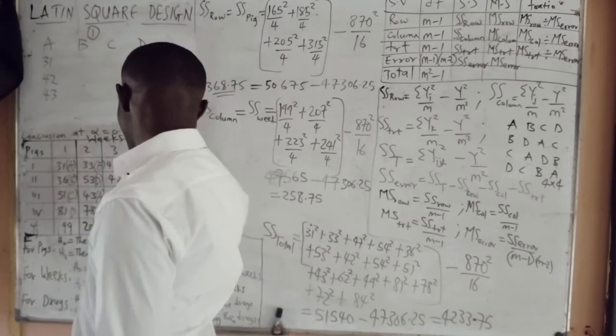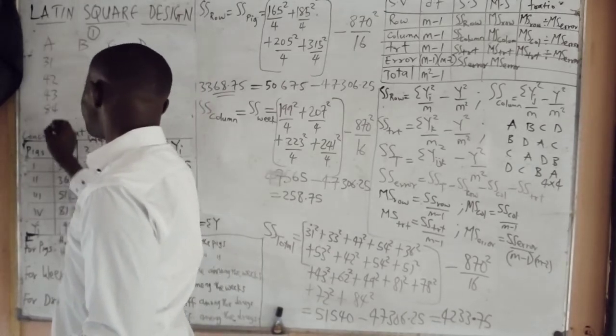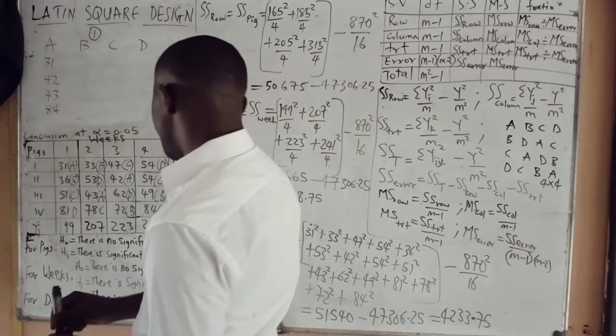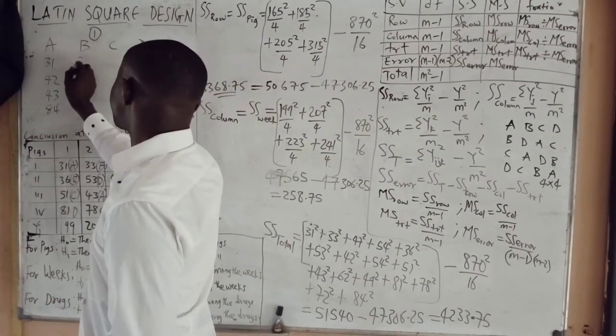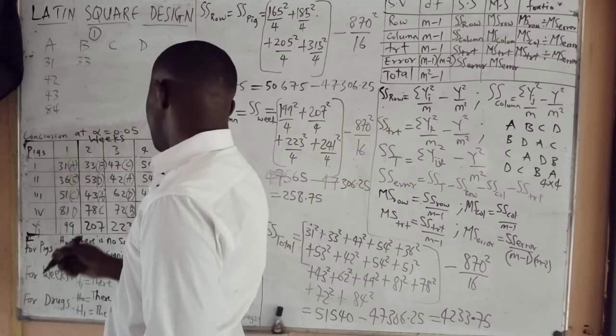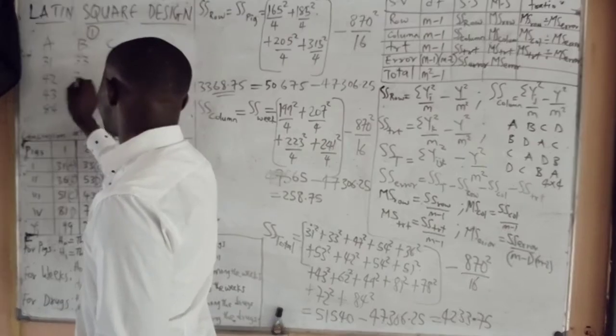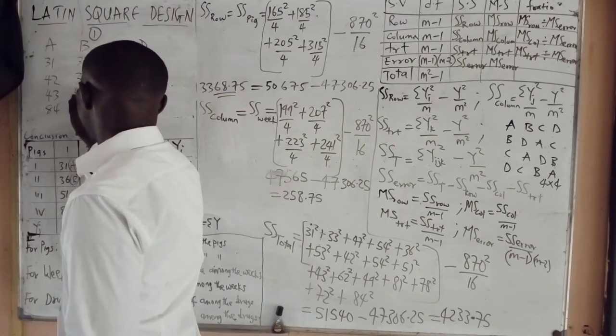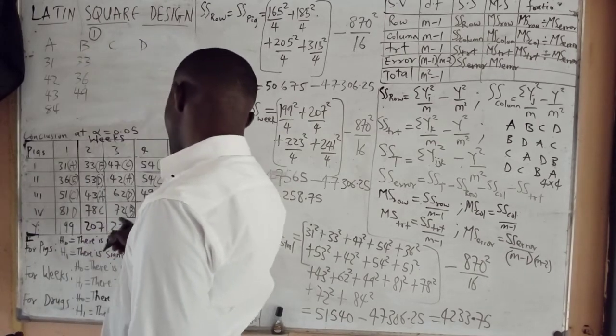And next A we have is 84. Okay? Then what of B? The first B we have is 33. Next B we have is 36. Next B we have is 49. And next B we have is 72.